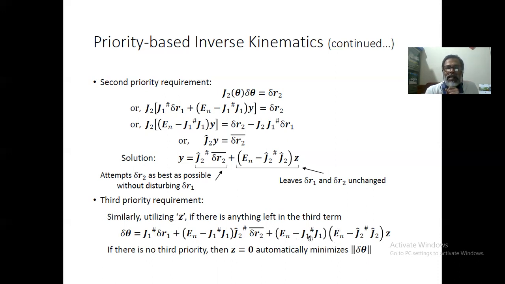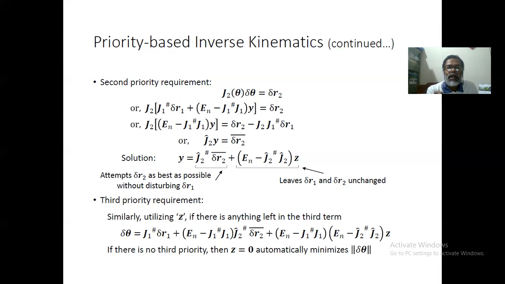It may happen that the content of this is nothing. Why? Because this is a projection to begin with, and this is another projection. It might happen that together, when you take the product, it ends up as a zero matrix, in which no z will accomplish anything further.